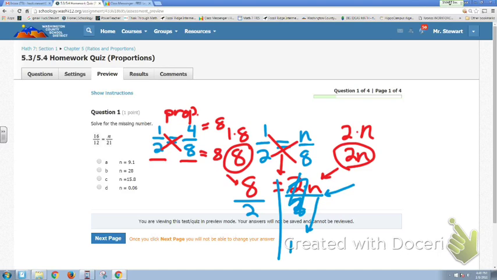N is left alone, so I bring it down, and I calculate over here, what is 8 divided by 2? Well, 8 divided by 2 is 4. I bring down the equal sign, and I get that n is equal to 4. So in my example, I could say n is equal to 4. If I substitute that back in, it indeed forms a proportion, making these two ratios equivalent to each other, completing the equation that makes it true.